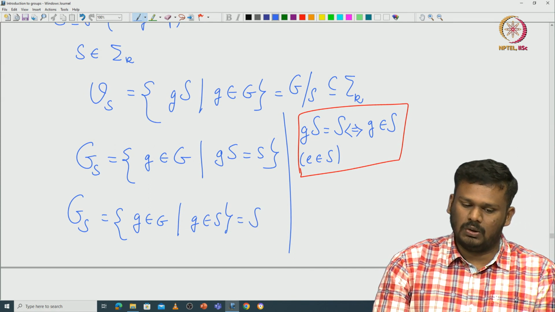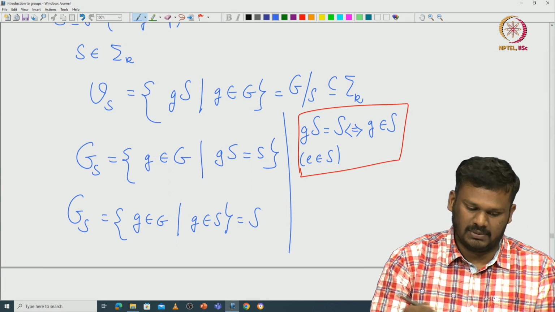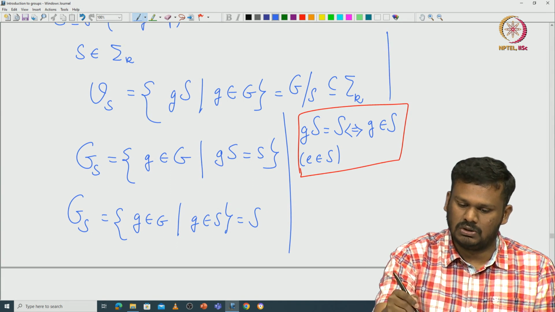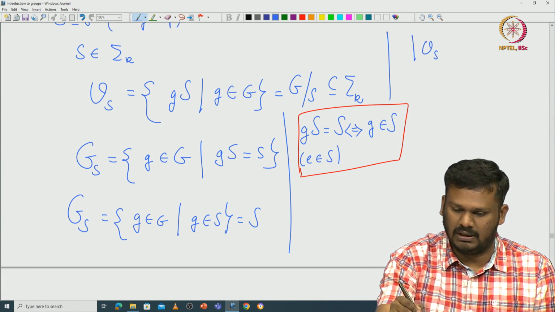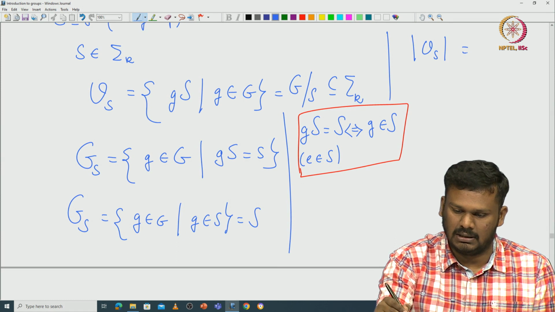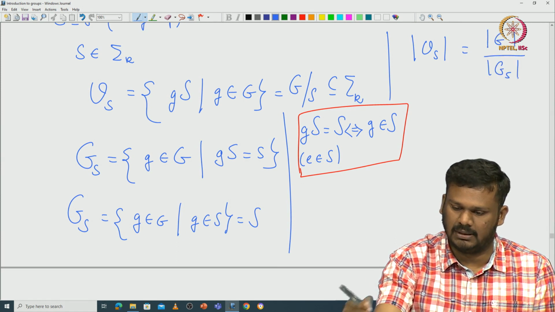Now you can reinterpret the orbit stabilizer theorem as follows. The orbit stabilizer theorem says the cardinality of the orbit is exactly the cardinality of the group divided by the cardinality of the stabilizer.